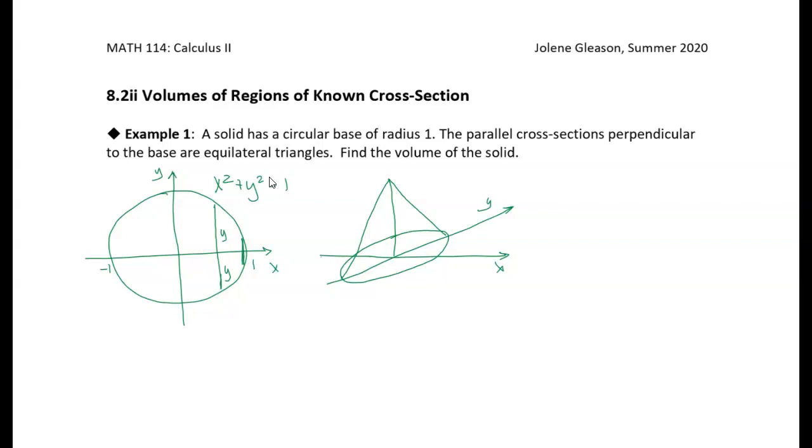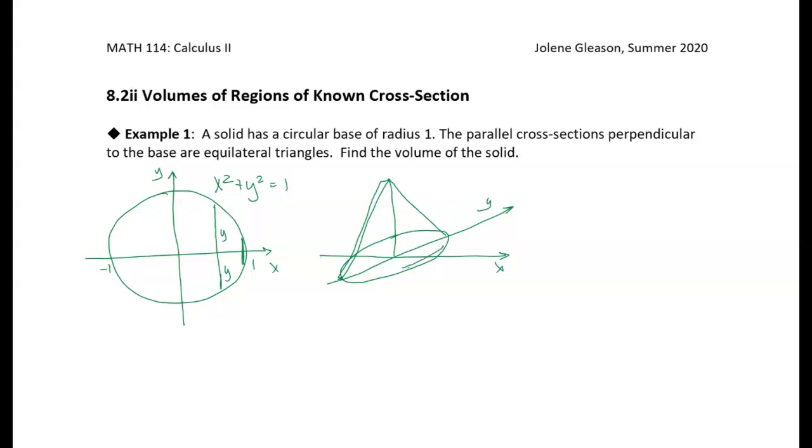But each one of these is going to have some thickness. So let me draw something that has some thickness here, because these are going to be some kind of triangular slabs. So there's what the one across the middle looks like. Now if I drew one here that's a little closer, I want to make this parallel to the y-axis.